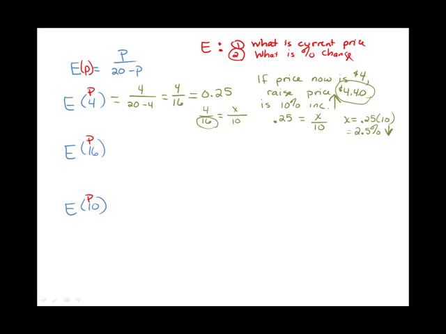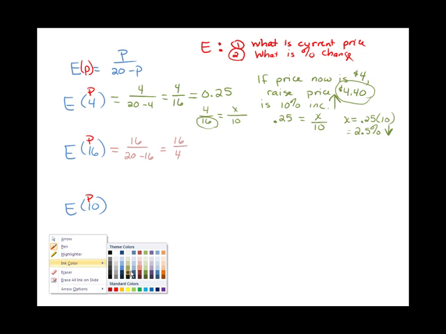Now let's plug in 16. So when I plug in 16, I get 16 over 20 minus 16, which is 16 over 4. And this is just a coincidence that the two numbers I picked are giving me inverse relationships. But what does that mean?